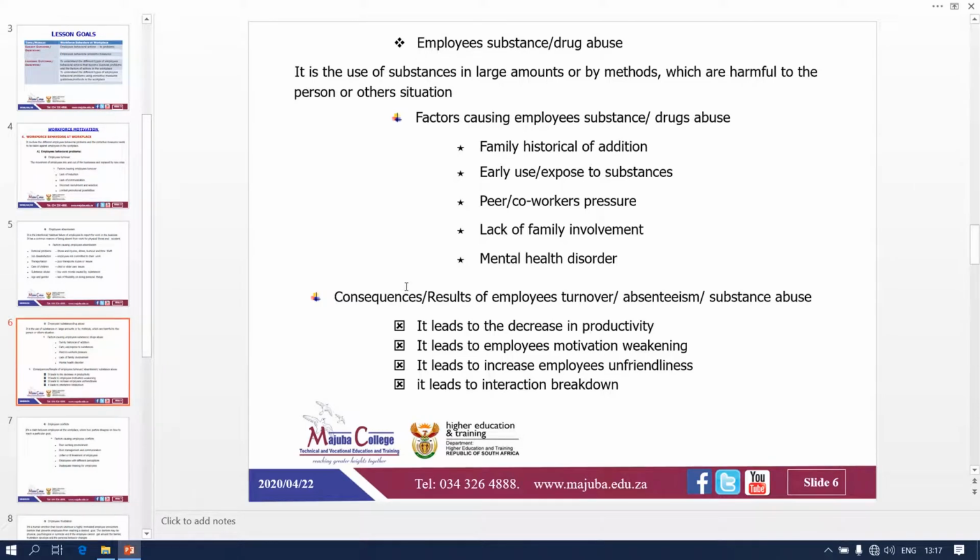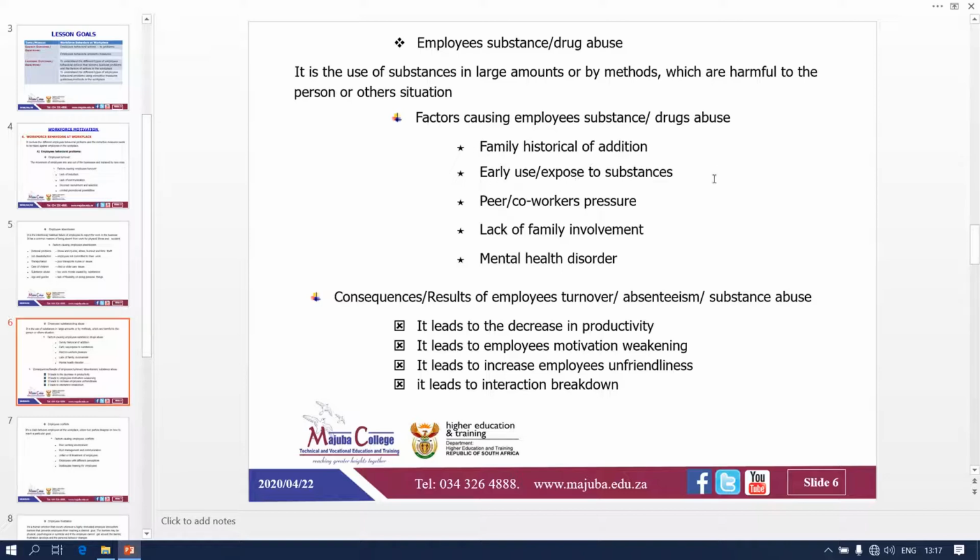Right, the third one is employees' substance or drug abuse. It is the use of substances in large amounts or by methods which are harmful to persons or others. Factors causing substance abuse: family history of addiction. Your father and mother were smoking, and you follow suit when you grow up.